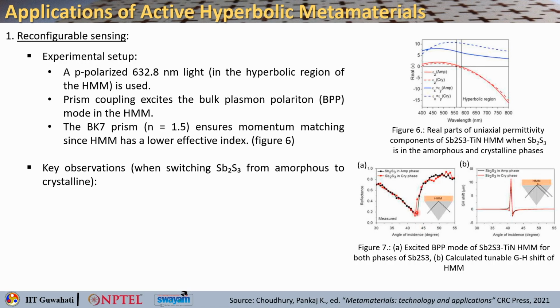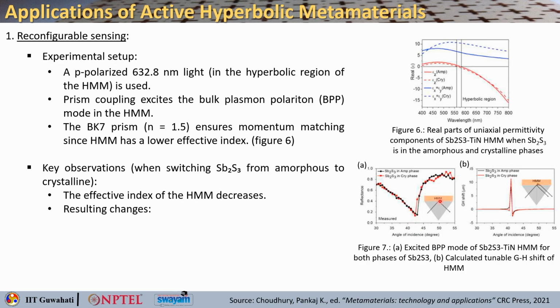Only at this particular angle you will see that the reflection dips. And what are these two graphs? These are again the antimony trisulfide considered to be in either amorphous phase or crystalline phase. They more or less very closely give you a similar kind of dip. So, that dip actually indicates excitation of the BPP mode.